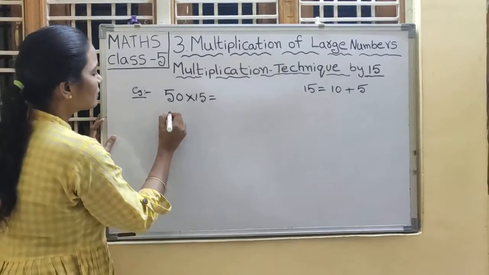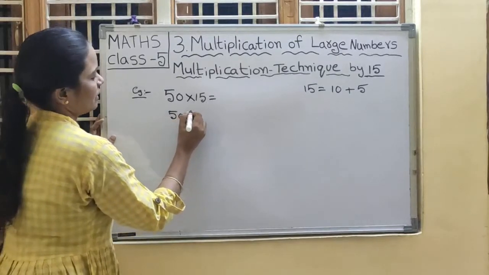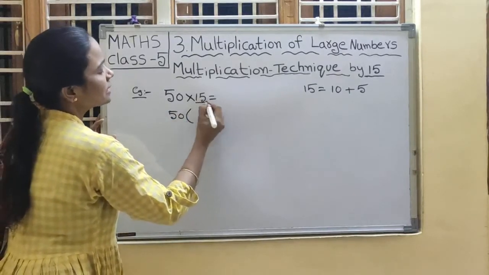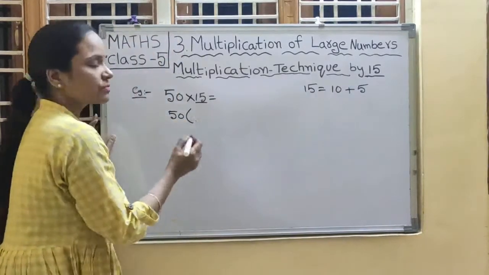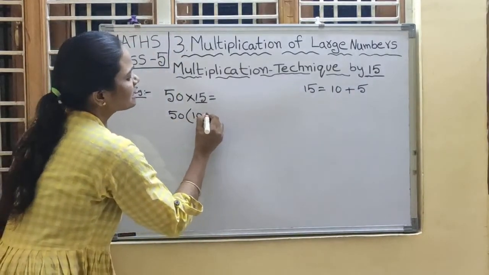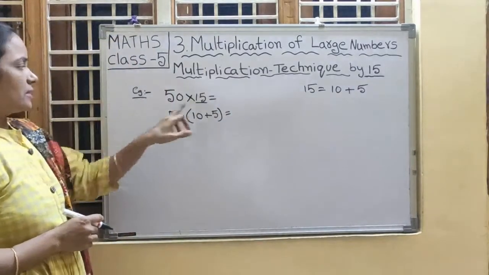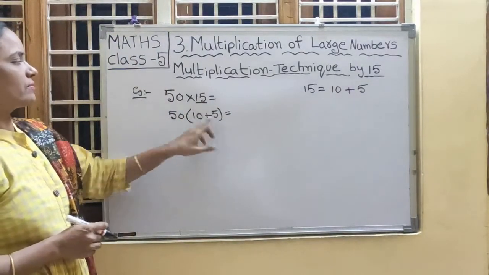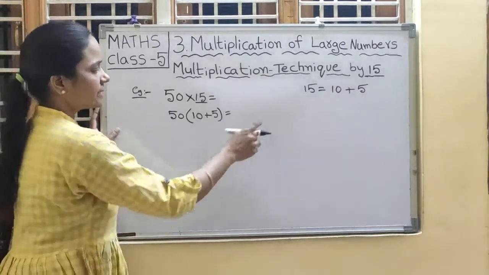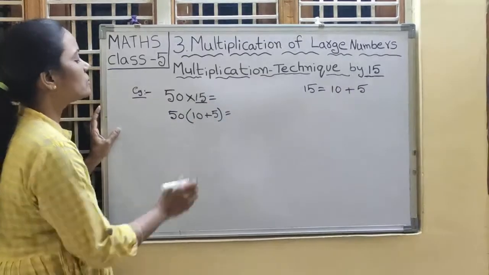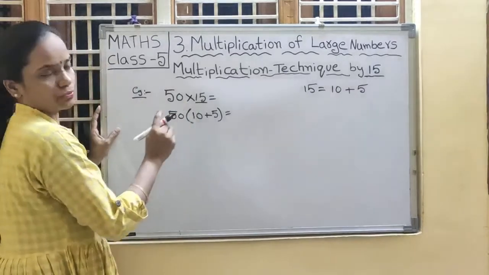So first what I am doing, see 50 into, in the 15 place I am writing 10 plus 5. Okay? In the 15 place I wrote 10 plus 5. So I take the expanded form of 15. So here bracket means into.